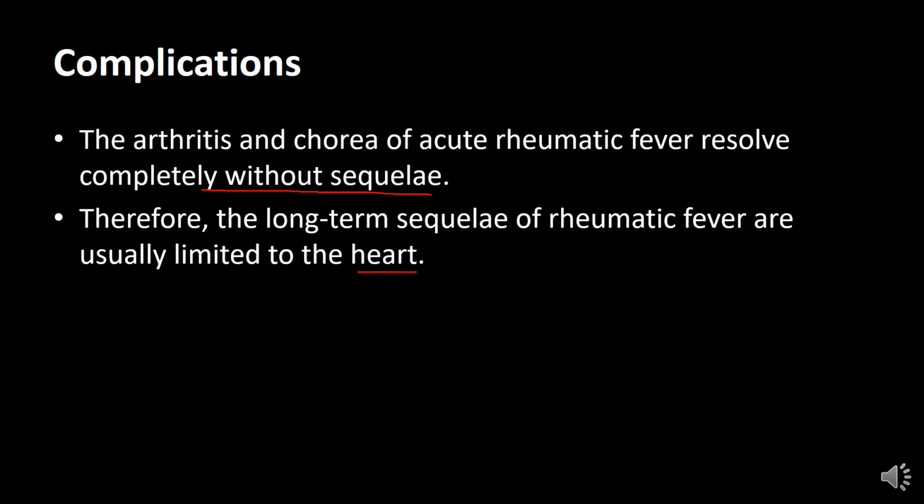And remember, I told you what makes rheumatic fever very important is the sequelae, the heart involvement. Chorea does not leave any damages. Arthritis does not leave any deformities. But the involvement of the heart muscle is what leads to complications, and it is why we must prevent this disease.